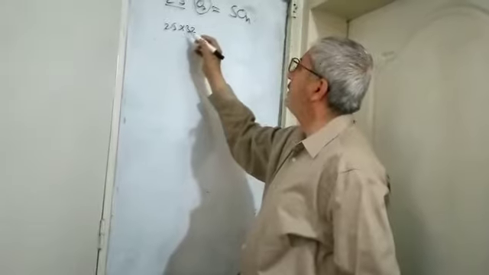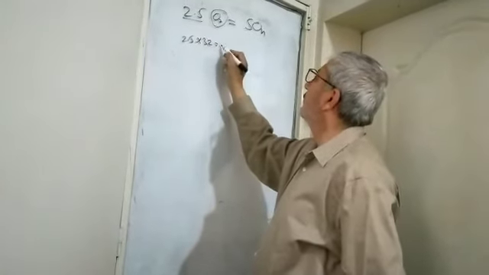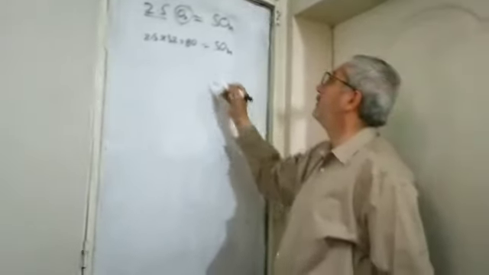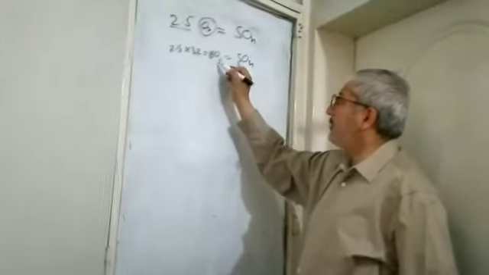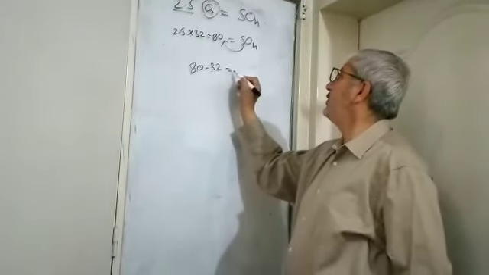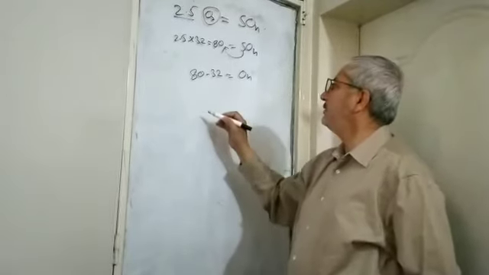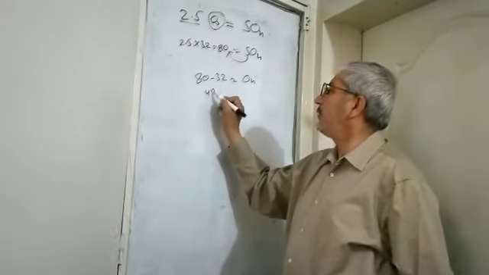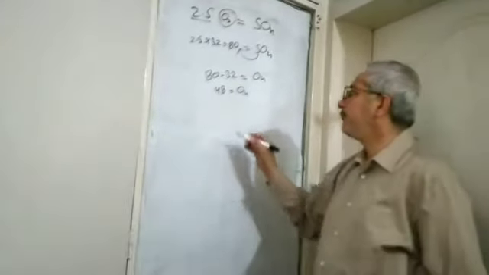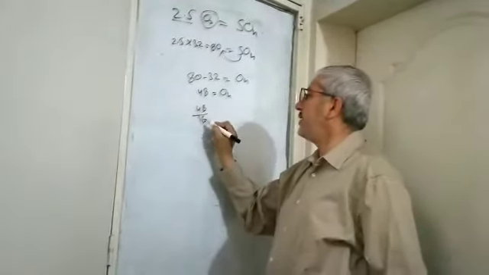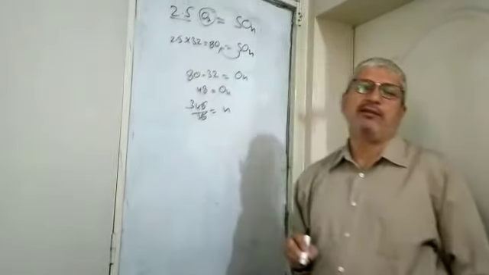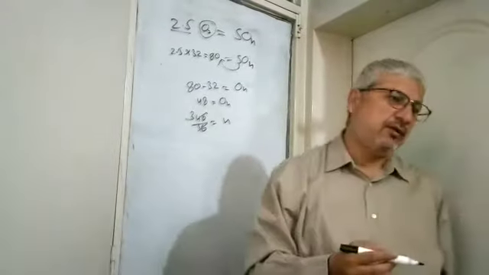It will be 80. This 80 is the mass of SOn. Again, subtract the mass of sulfur from it. 80 minus 32 is equal to On. It will be 48 is equal to On. Now oxygen is 16, so 48 divided by 16 will be n. So it will be SO3. That means n is equal to 3.